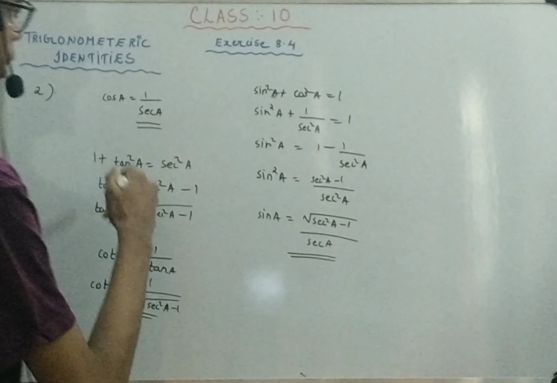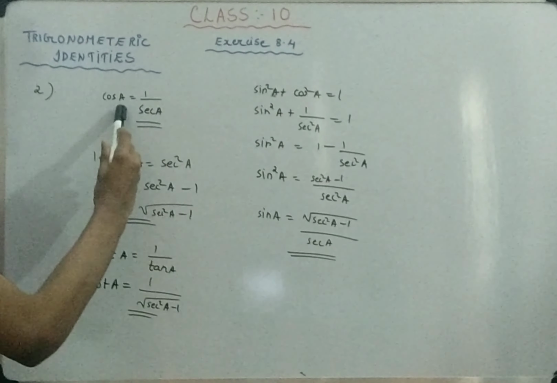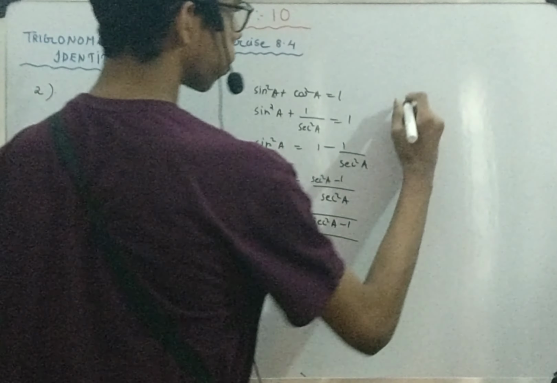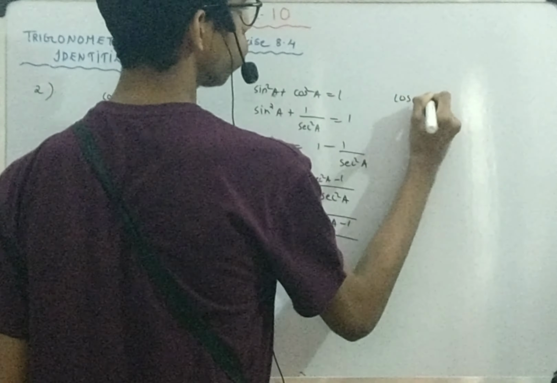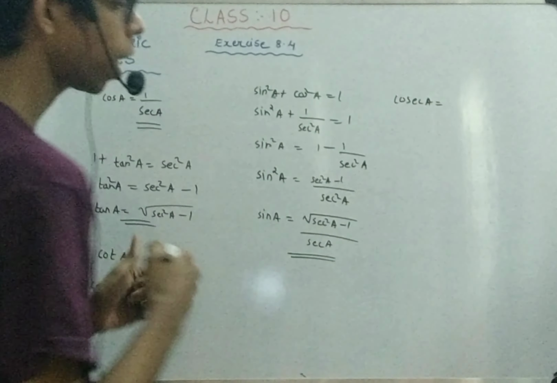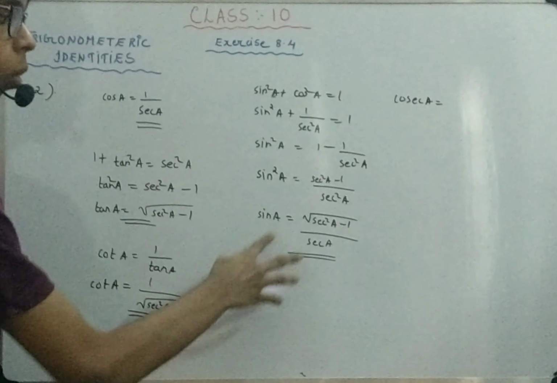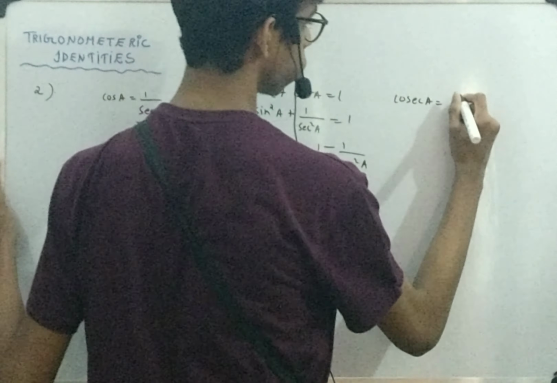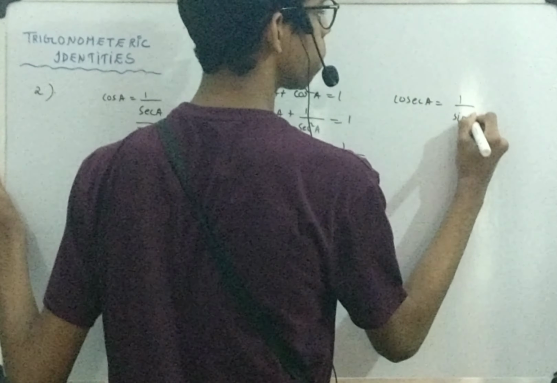Okay, now അപ്പോൾ നമ്മൾ cos a, tan a, cot a and sin a written. Now we have to write cosec. Okay, cosec is equal to, okay, നമുക്കറിയാം cosec എന്ന് പറഞ്ഞാൽ എന്താ? Cosec is the reciprocal of sin theta, isn't it? So cosec is equal to 1 by sin a.